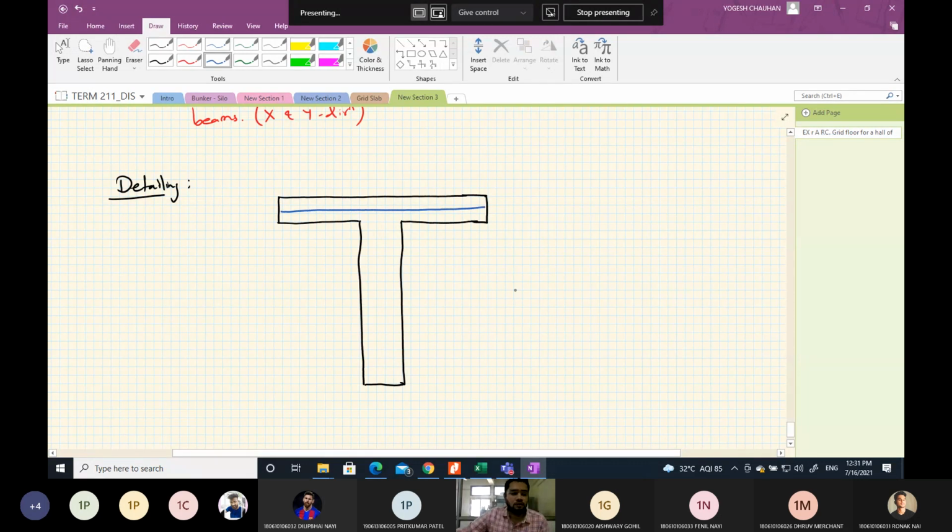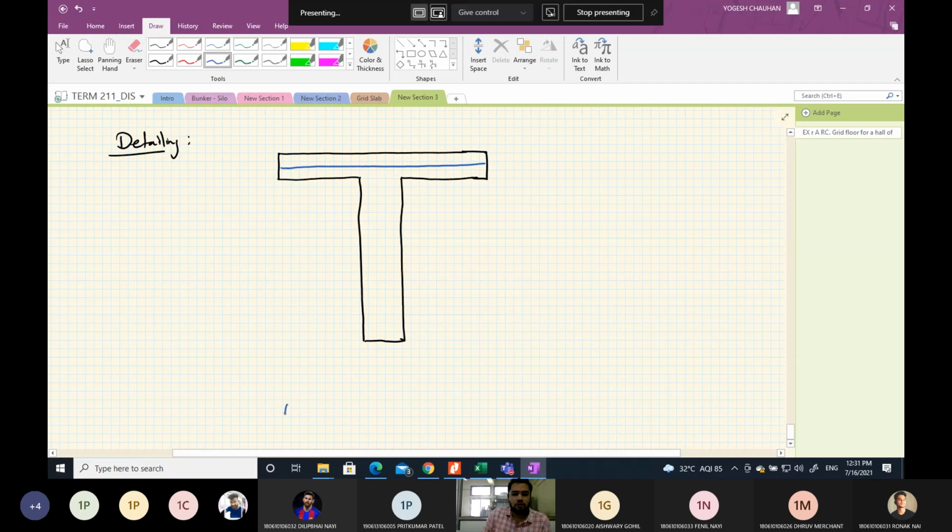Okay, so this is the details along short direction. Details of reinforcement in short direction, that means in x direction.